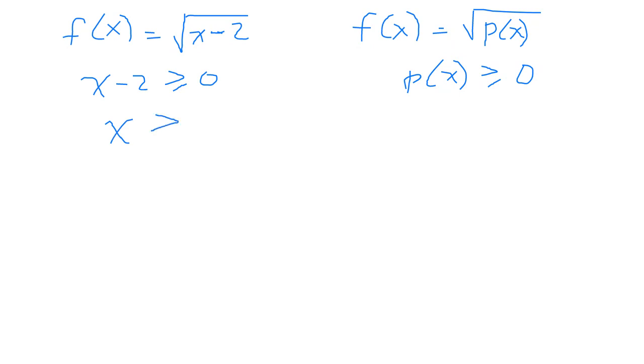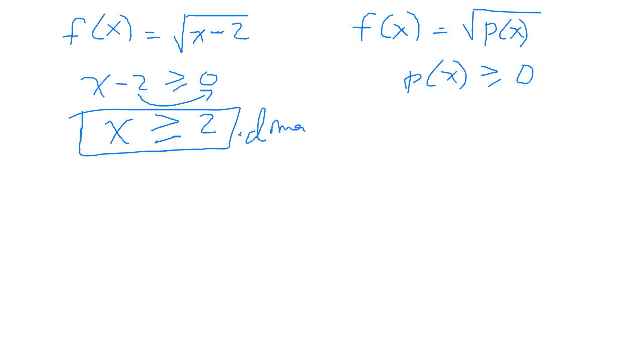So x is greater than or equal to, I move this there, I have 2. Right? It changes to a positive. So that is my domain. So x starts from 2 and then goes to what? Positive infinity.